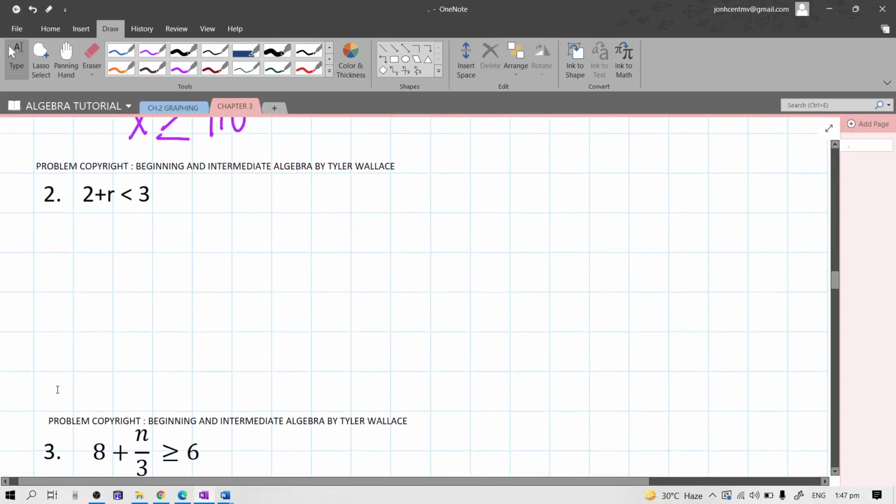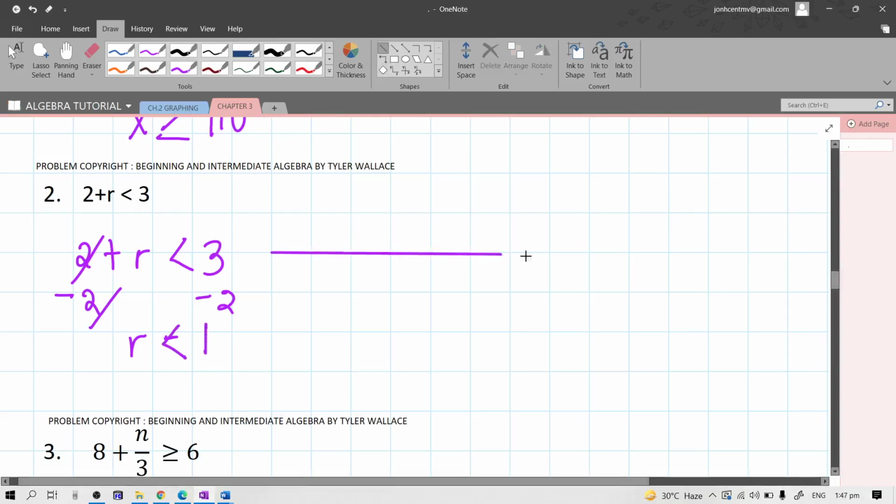Next, 2 plus r is less than 3. Ganun pa rin. 2 plus r, subtract negative 2 on both sides. We have r is less than 1. So, if we graph it, we have 0, 1, negative 1, negative 2, negative 3.